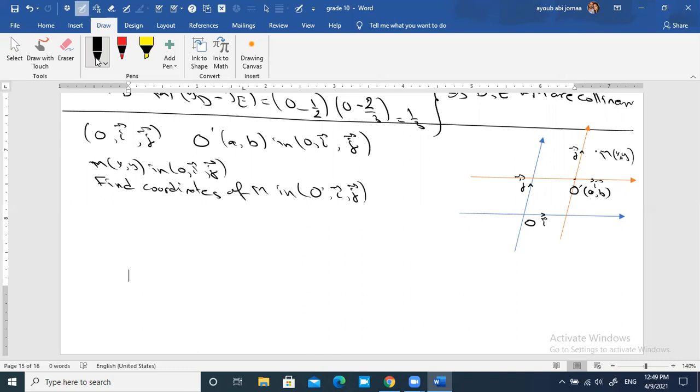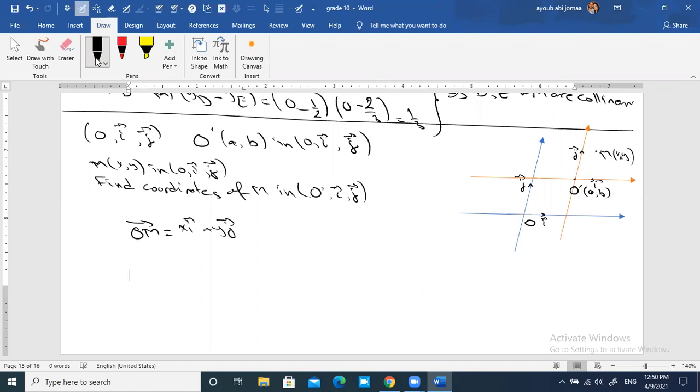Now, in order to find the coordinates of a point in any system, for example, if I have to find coordinates of point M in the system OIJ, it means you have to write OM as a linear combination of I and J. Here, OM is equal to XI plus YJ.